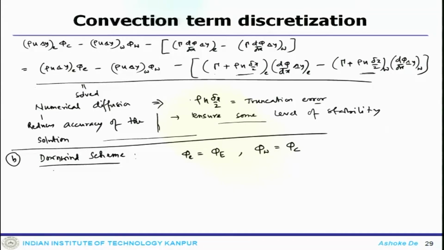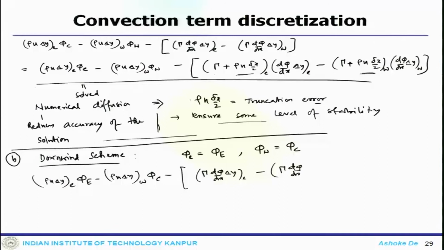So, the discretized equation is rho u del y e phi e minus rho u del y w phi c minus gamma d phi by dx delta y east minus gamma d phi by dx delta y west, which is 0.